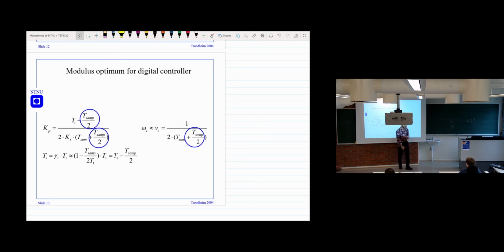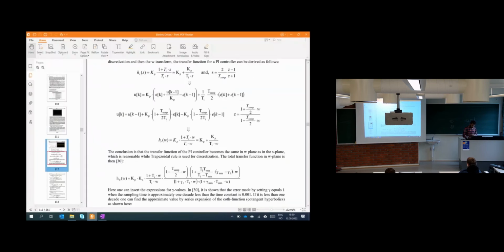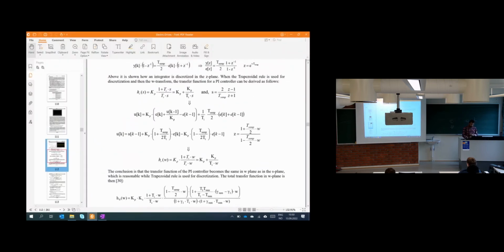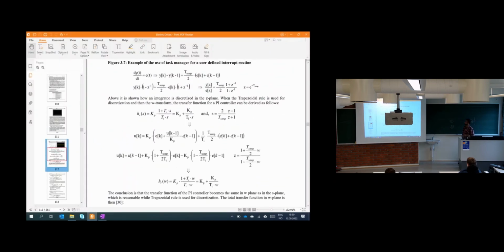And in the compendium, it is discussed in a bit more detail, so I'm not presenting more detail here. You might look there at the steps for how to do the discretization. If you have anything in the time domain, then you can convert it into a discrete system, or you can convert it into the Z domain.